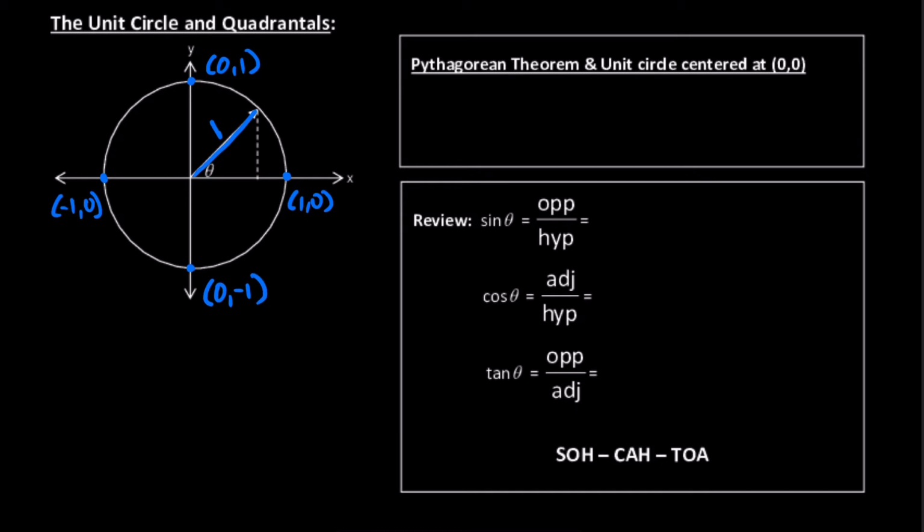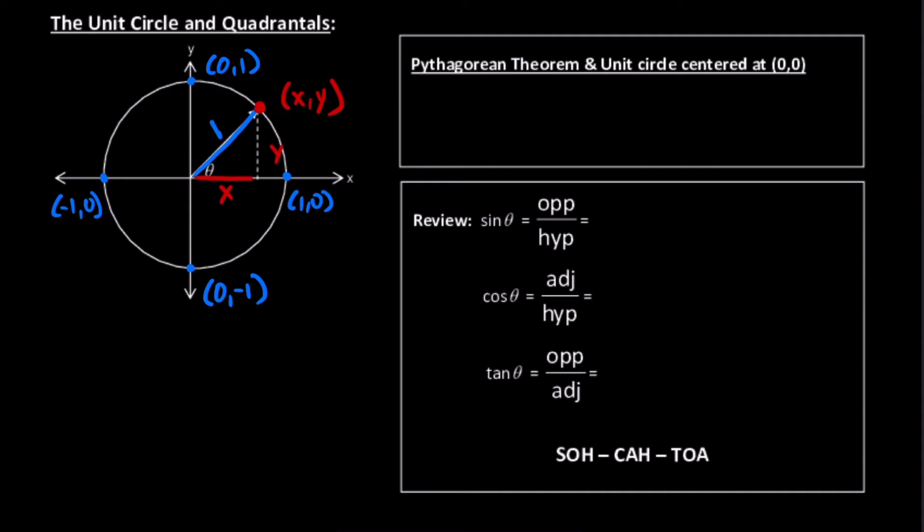So what we're going to do now is play a little Pythagorean Theorem game. This point right here has generic coordinates x, y. Well, if you think about it, if this coordinate is x, that means I had to go over x in that direction. And if my y coordinate is just y, I had to go up y in that direction. So I can label that triangle x, y.